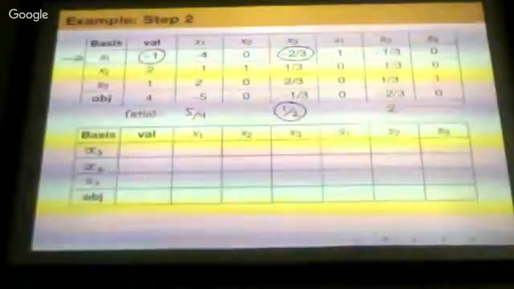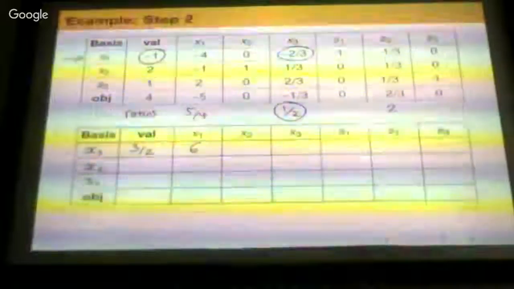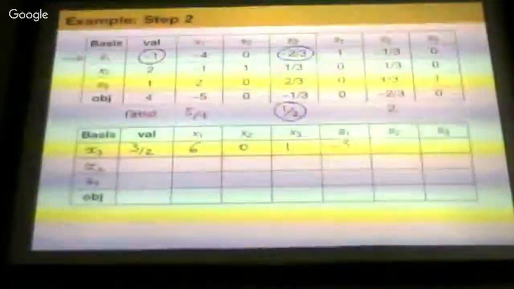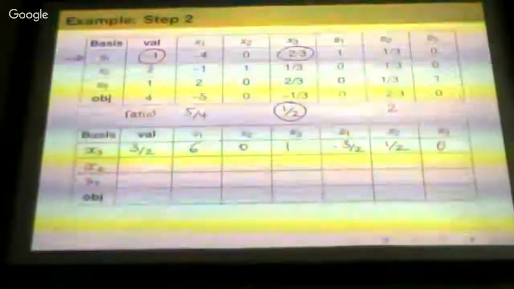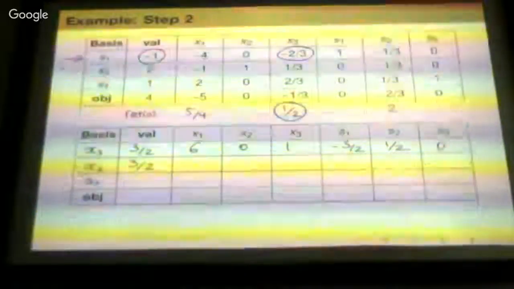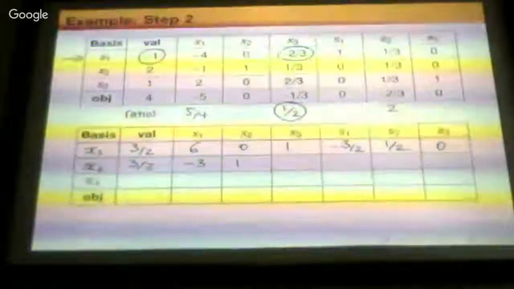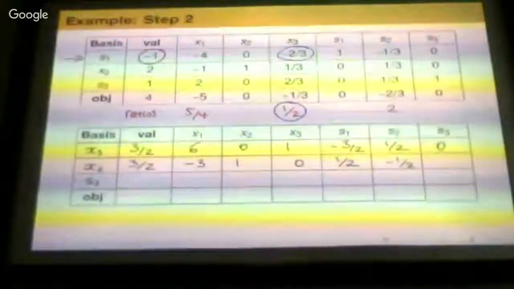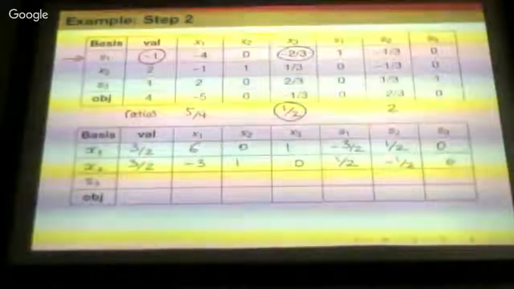Okay, and the X3 row should be 3 over 2, 6, 0, 1, minus 3 over 2. If you find something fishy, tell me. I can't guarantee that everything is correct in what I do. 3 over 2, minus 3, 1, 0, minus 1 half, 0, and the S3 row is, did you get 0 there?